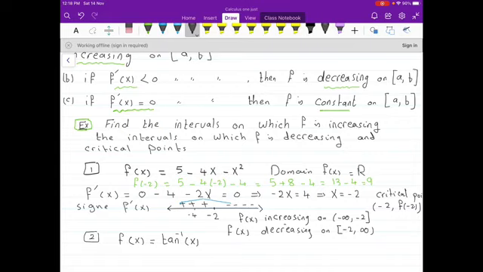And it has a critical point. Notice the function increasing then decreasing, so at this value the function has a relative max.